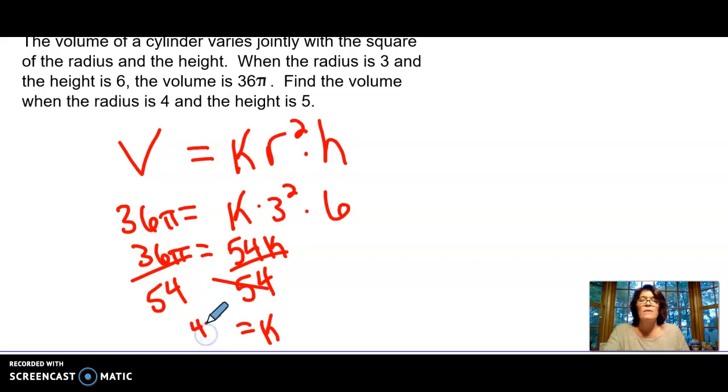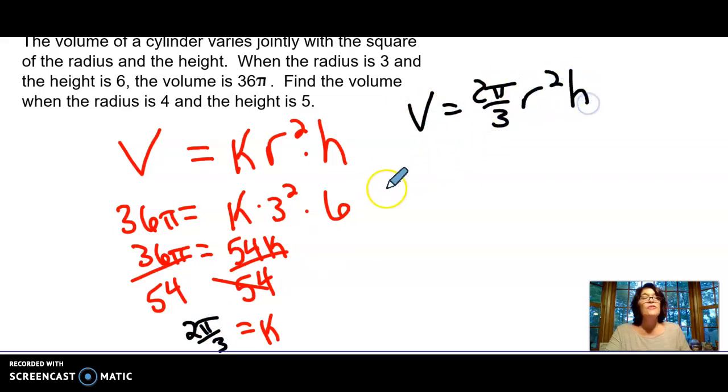What do we get? 4 pi over, no, divided by 18. We get 2 pi over 3 is what K is. So we have 2 pi over 3 r squared h.